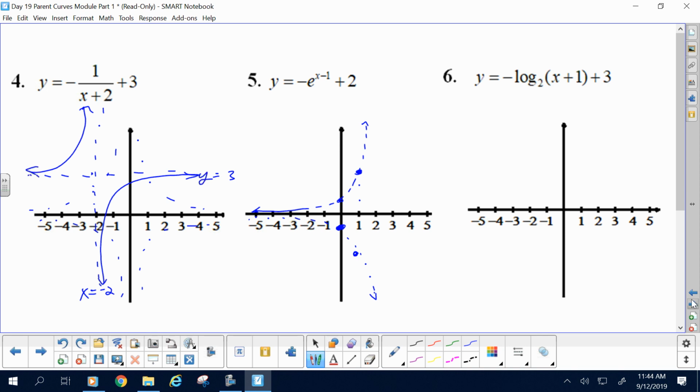Let's start with the easy one. This point is easier. Right 1, up 2 puts it there. What is that? 1, 1. Now this other point was 1, negative 2.7.